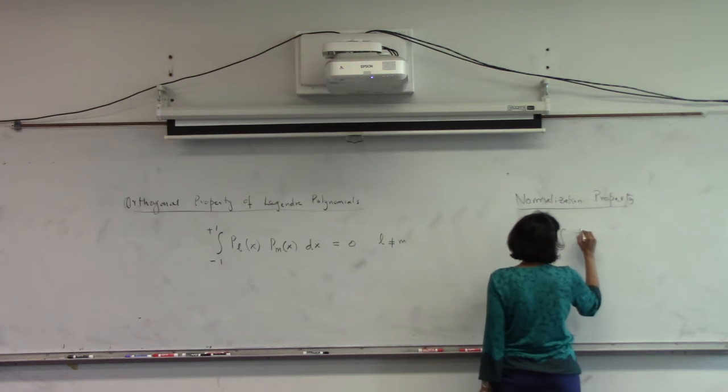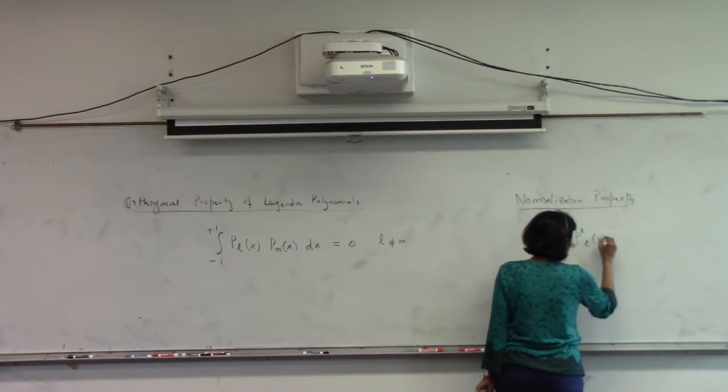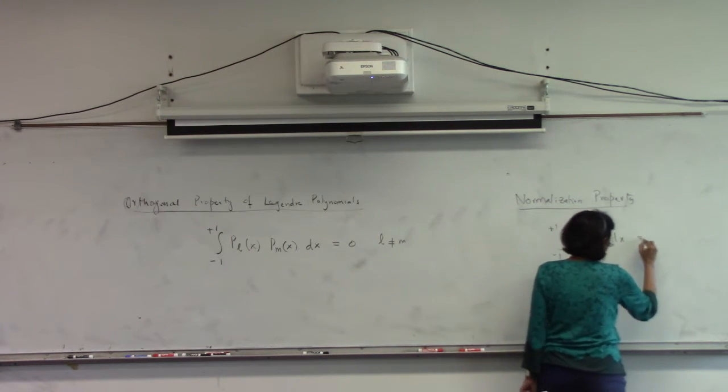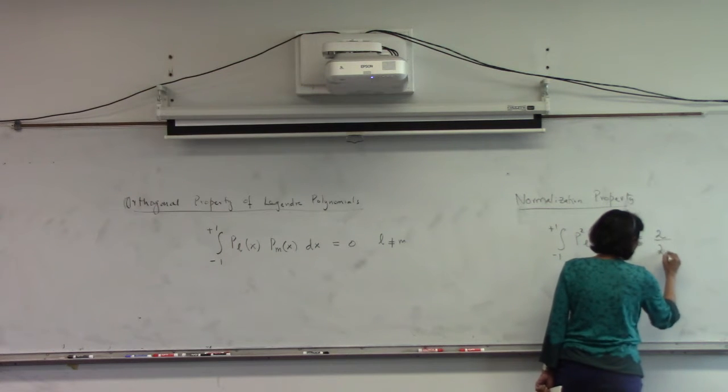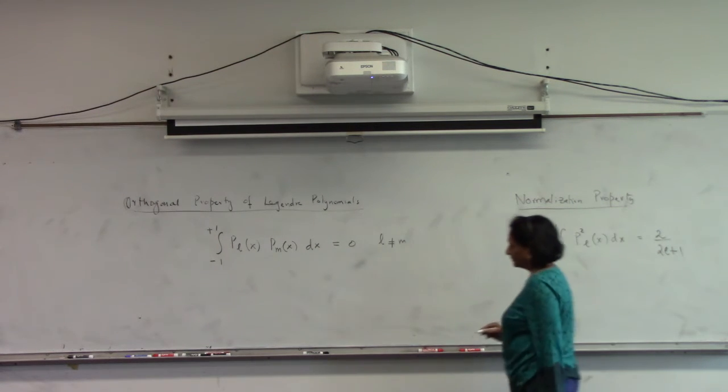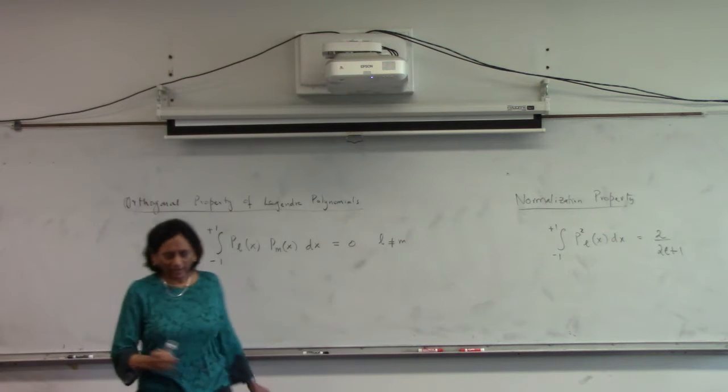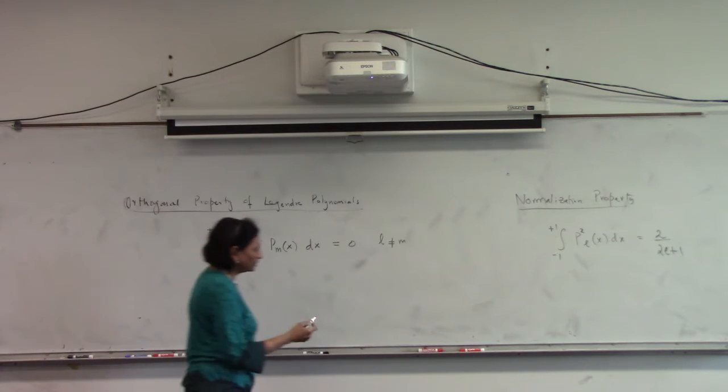For L equal to M, it's nothing but 2 over 2L plus 1. So they can be combined into one property. That's what we normally would do, right?